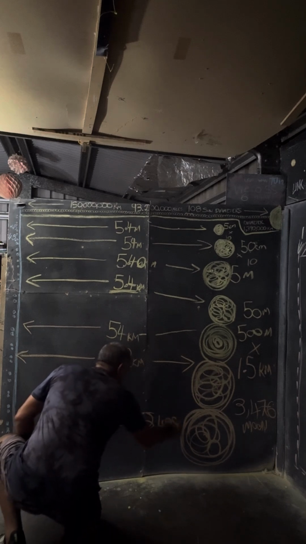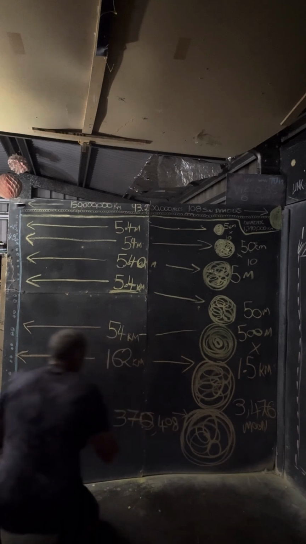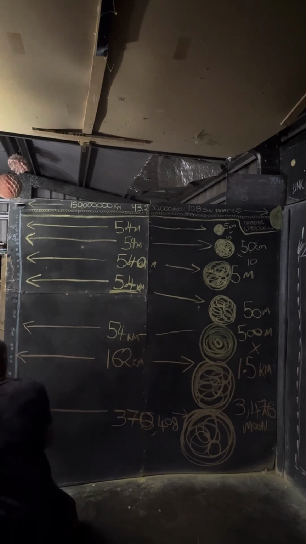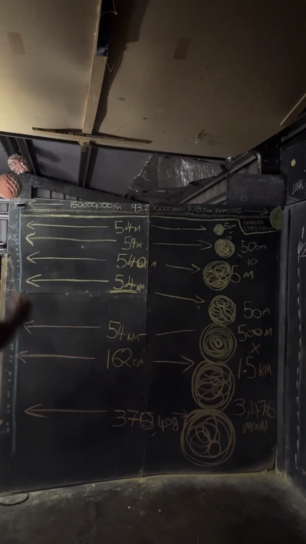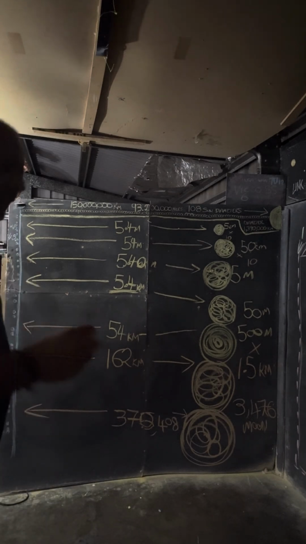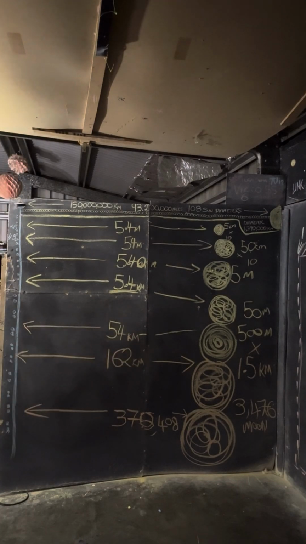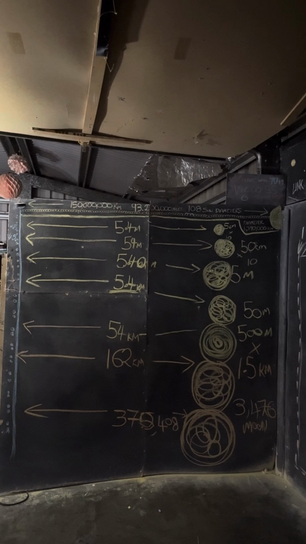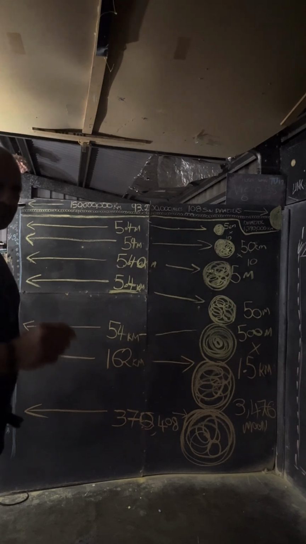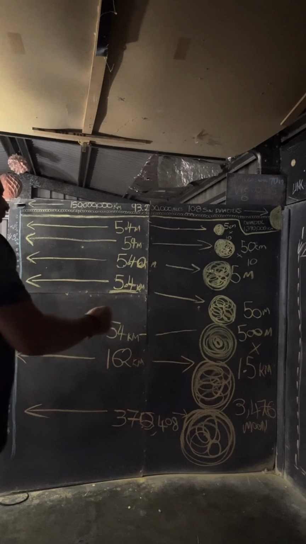So, if the moon became our sun, right, the correct distance between us and it would be 370,000 kilometers. That is 108 diameters of itself away from planet Earth.